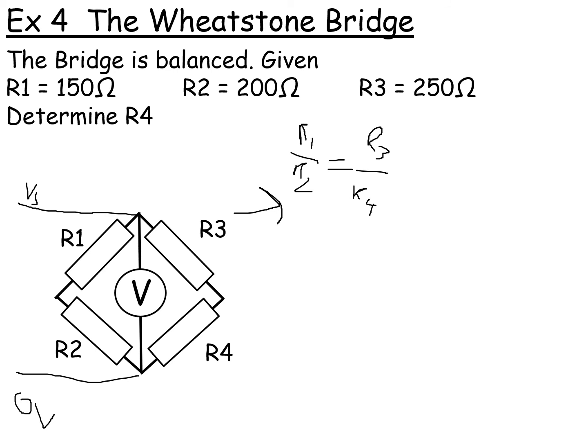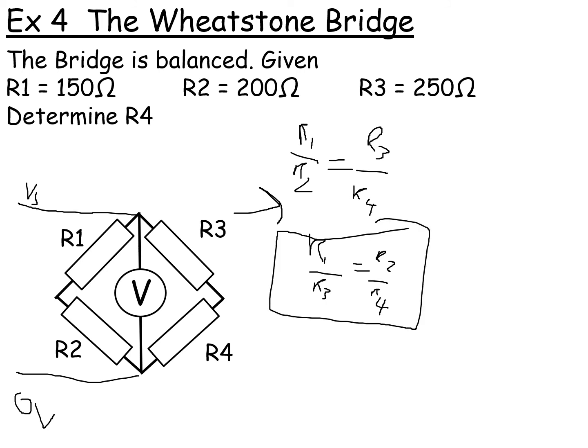So we have to rewrite the equation as the following. R1 over R3 is equal to R2 over R4. Because remember that this equation describes the ratio of the resistors and the ratio at which they divide the voltages. So you've got to match the equation to the actual circuit. Once you've done that, this is the tricky bit, I would say, you then just plug in your numbers as before.